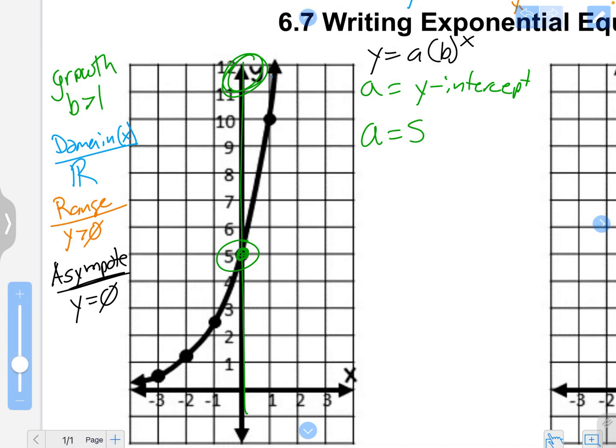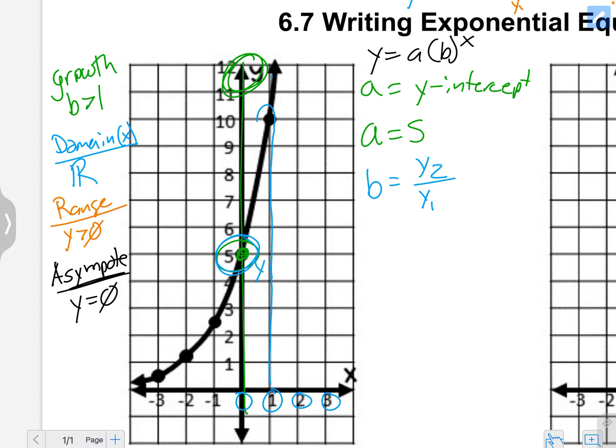So the next thing that we want to do, and this is what's really different about exponentials versus linear, is when we find our b, it has to be 2 points right in a row. We're looking at where it crosses the x-axis. So if I use my y-intercept of 5 as my y1, I then have to follow my line all the way to where it crosses the x-axis at 1, and that's going to be my y2.